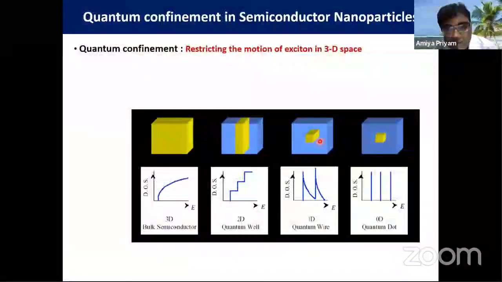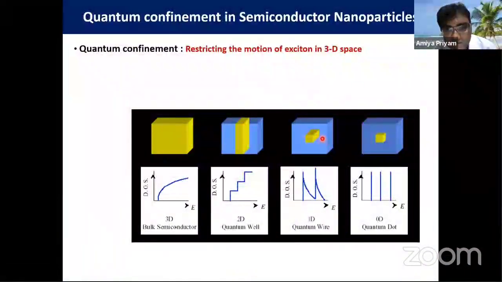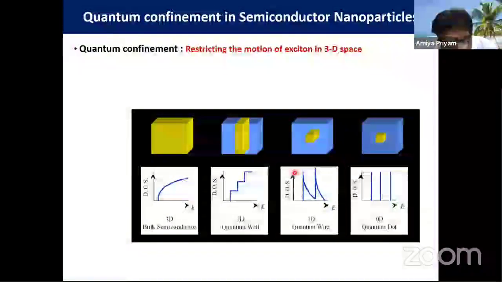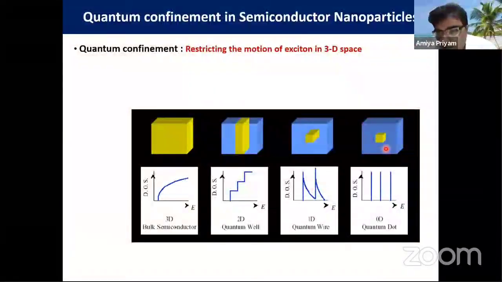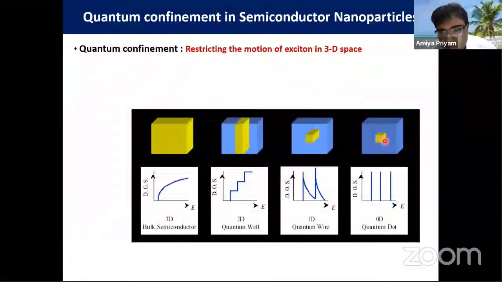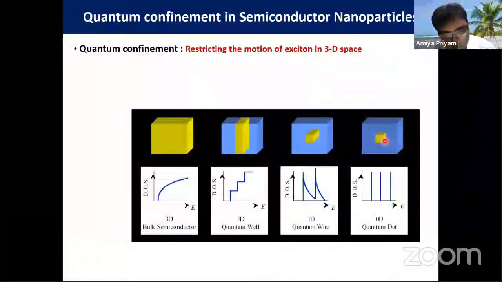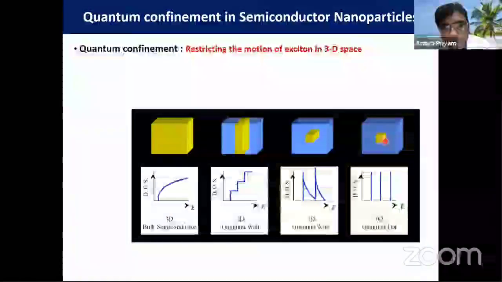In that case, in 2 dimensions the excitons will not be able to execute free motion, and only in one direction will they move freely. And the final thing shown here is that in the third dimension which was left over, the length scale is also reduced below the exciton diameter. So now in all three dimensions, the exciton is not free to move.